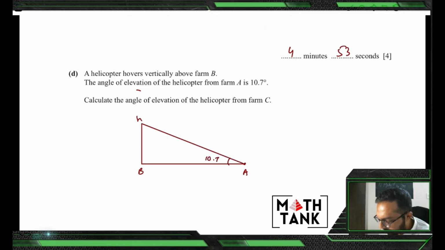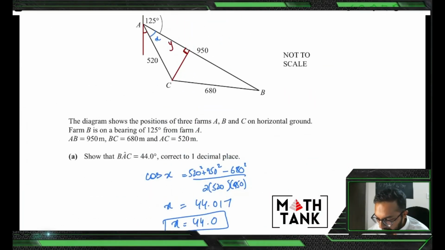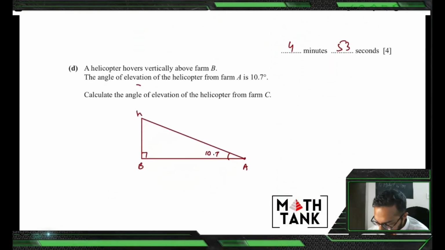Whenever you have an angle of elevation or angle of depression question, it's best to draw a separate diagram for it, to bring the diagram into 3D. This is obviously a 90-degree angle because the helicopter is right above B. AB, you already know the distance, and that's 950 meters.